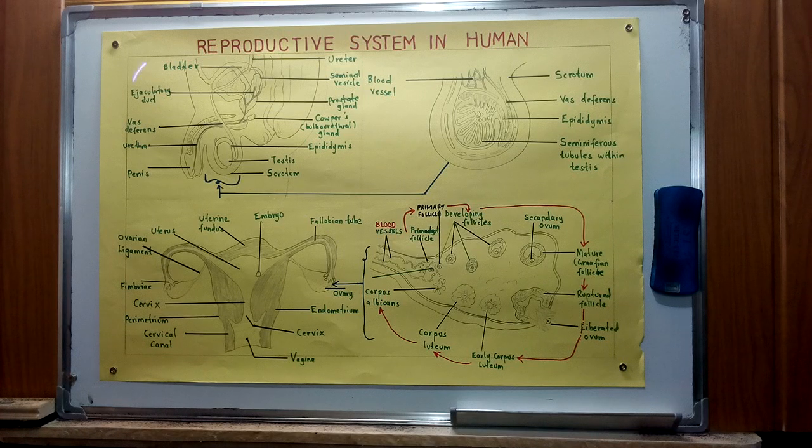So for today, we're going to rely on the upper part and discuss the role of the male reproductive system and how its various parts combine together to facilitate that specific function.